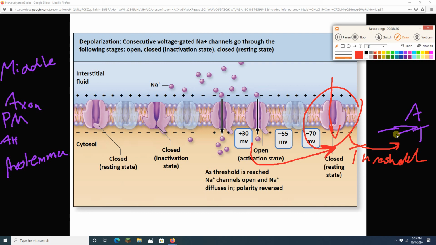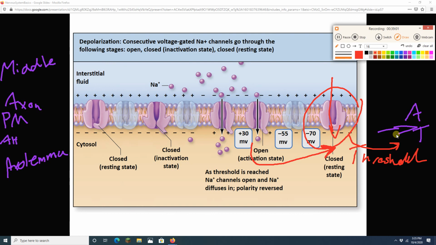So when we open channels at one space in our membrane and depolarize there, that depolarization opens channels at the next spot. And then that spot depolarizes. And then that depolarization spreads to the next one. And this is the beautiful thing about it. This is why an action potential doesn't get smaller. This is why it doesn't die out. It's because we're opening channels the entire way down.